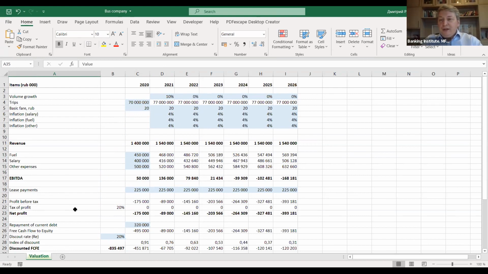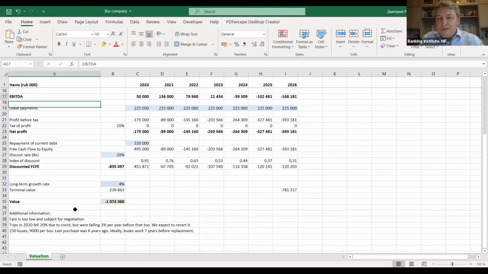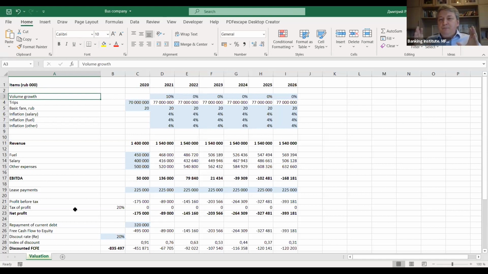So the starting position is the question: do you understand that your business is dead? You don't have any business. Look at this future of your business. You will just be burning cash each year until the moment that business collapses and ruins your image and your reputation. Because if you close a small private factory producing something for a very competitive market, nobody will cry.